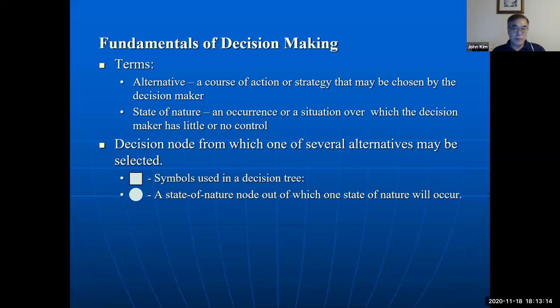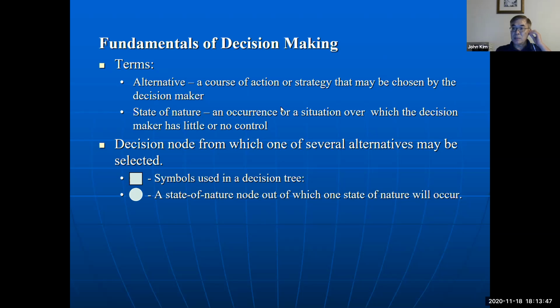Fundamentals of decision making terms: alternatives. In many cases, if we have only one choice, then we don't need to worry. But if there are multiple choices, alternatives, or options, then we should choose one of them. So an alternative is a course of action or strategy that may be chosen by the decision makers.